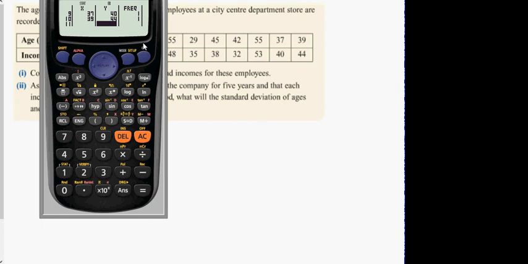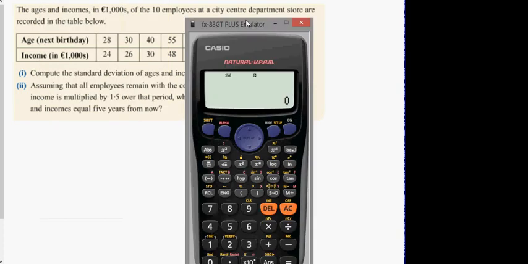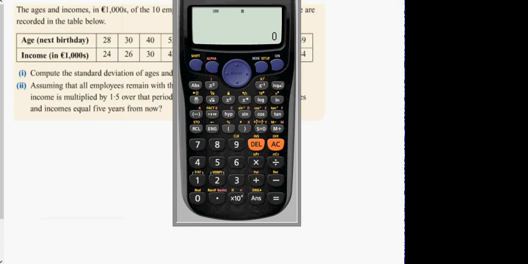Okay, guys, be quiet here. What I want to do is compute the standard deviations only. Okay? So what I can do here is stats, go to variable, standard deviation of my x values, which is age. Standard deviation of age is 9.24.